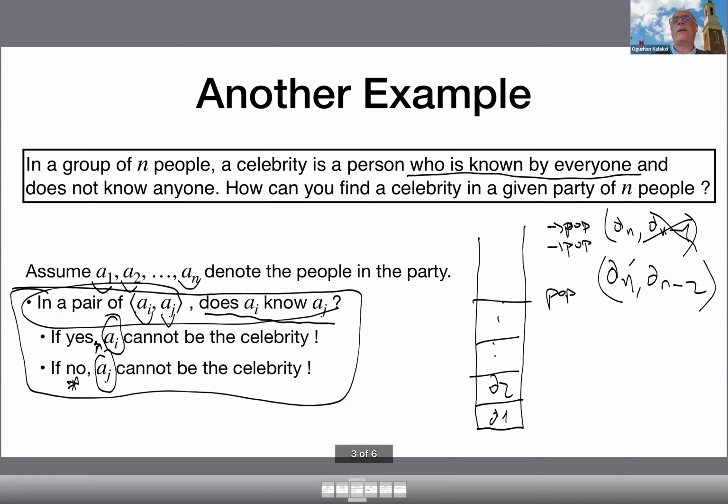So let's assume it's AN now, and you got the idea, right? So during the traversal of this stack, I will be performing n pop operations, and at the end there will be only one person surviving here, and this one is the celebrity.